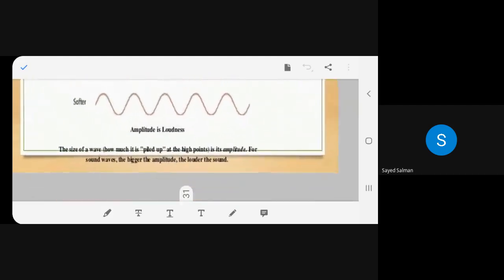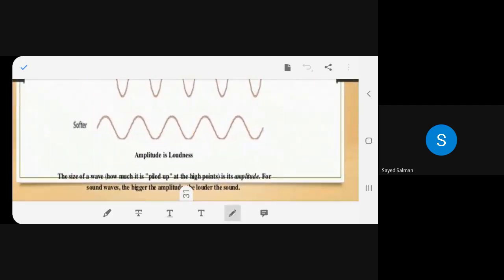So what is the relation of amplitude and loudness? Simple. More amplitude, louder will be the sound. So it is directly related. The loudness relates to amplitude. The more the amplitude, the louder the sound. Got it now? So it is the size of the wave.